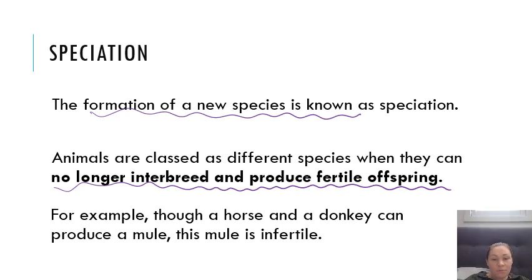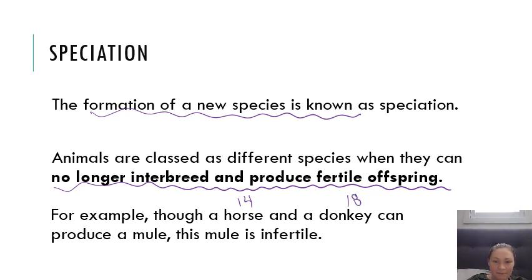So for example, a horse and a donkey can mate and they produce what's called a mule. The mule is infertile. It can't reproduce. It's a different species, and this comes about because it has an uneven chromosome number. So I'm just making this up off the top of my head, but say a horse has 14 and a donkey has 18, let's just make that an even number.